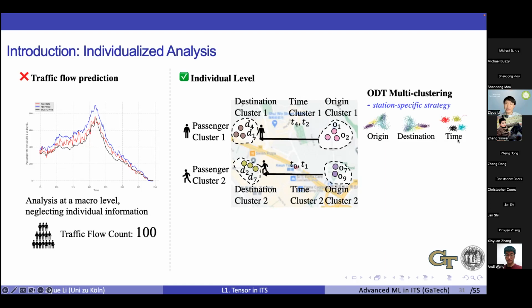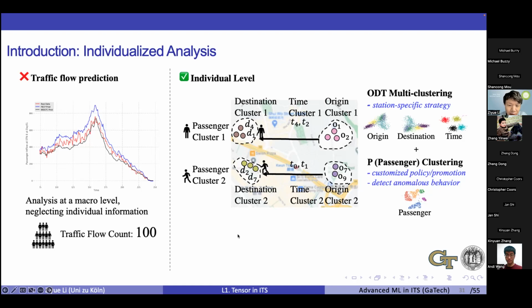This can help the metro operators give station-specific operation strategies. We can also do passenger clustering to encourage more customized policies or promotions, or detect anomalous travel behavior or passenger patterns.